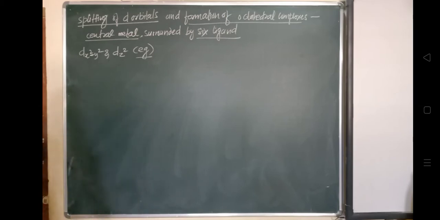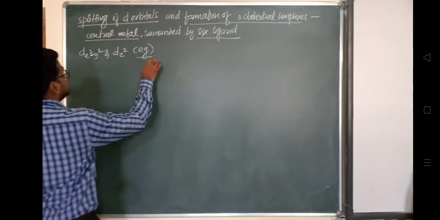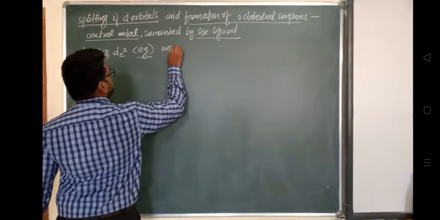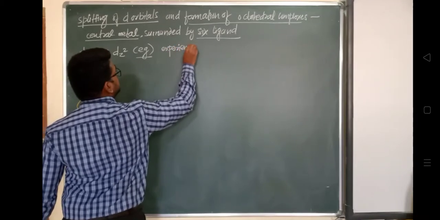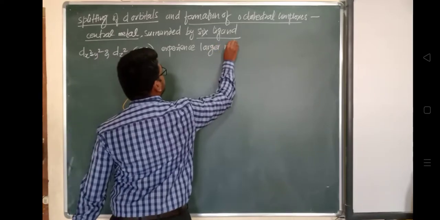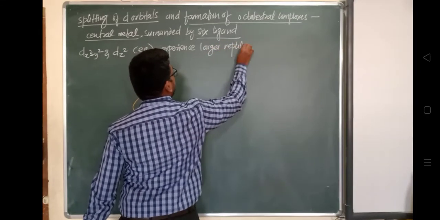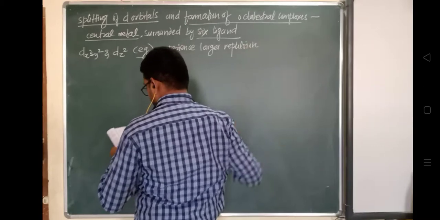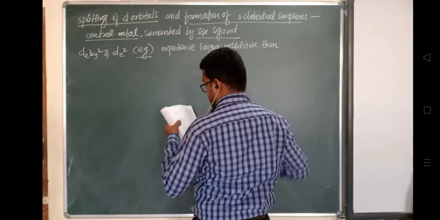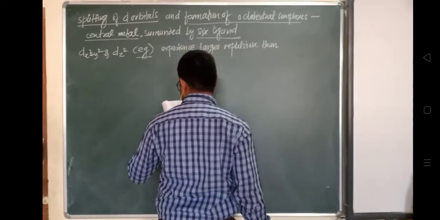So these orbitals will experience a larger repulsion than the triply degenerate ones.